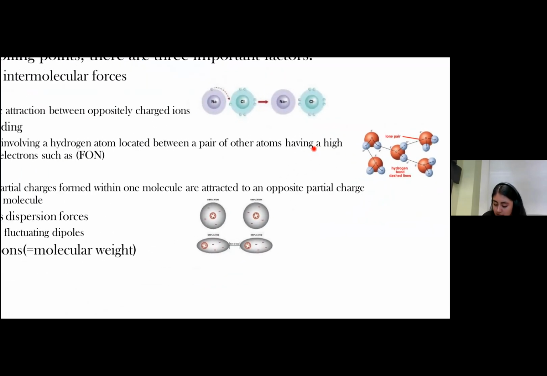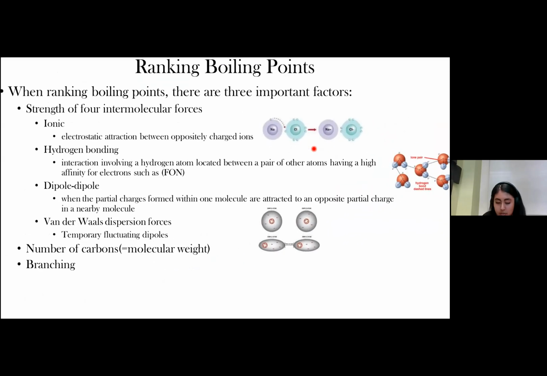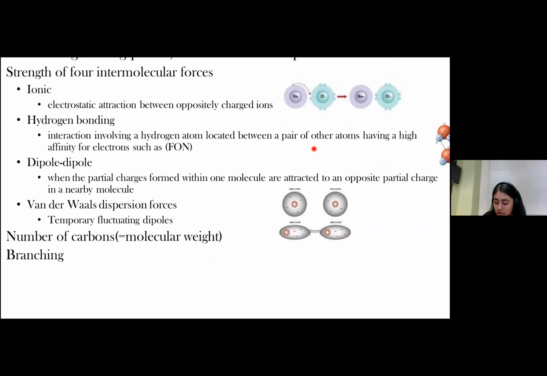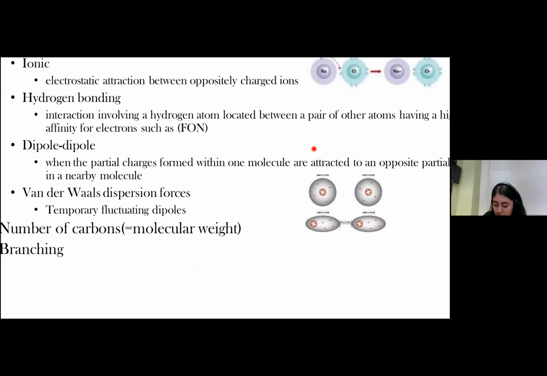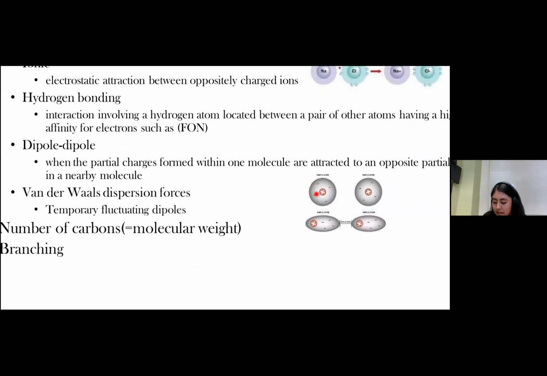And last, we have van der Waals dispersion forces. Let's zoom into this one. Essentially, these are temporary fluctuating dipoles. If you look at an atom, we know they have electron clouds around them like this.